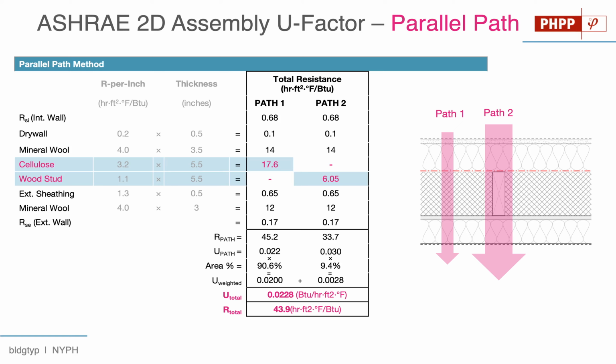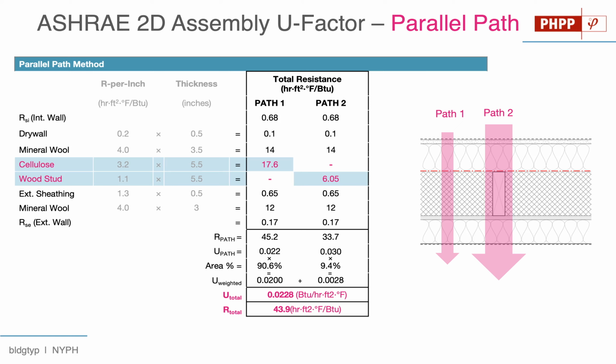And so what do those mean to one another? Well, we're just going to add them together. Those both represent a certain amount of heat transfer. We just add them together to get a total U value of the assembly of 0.0228 BTUs per hour square foot degree Fahrenheit. And of course, we can convert that into an R value very simply by taking the inverse, 1 over 0.0228. So that's one method.